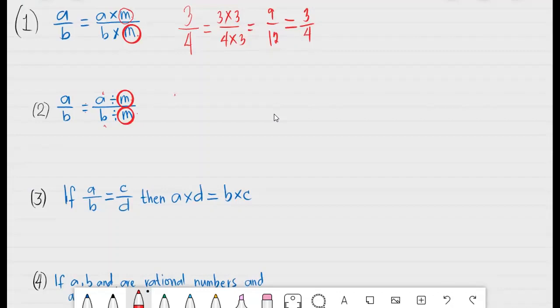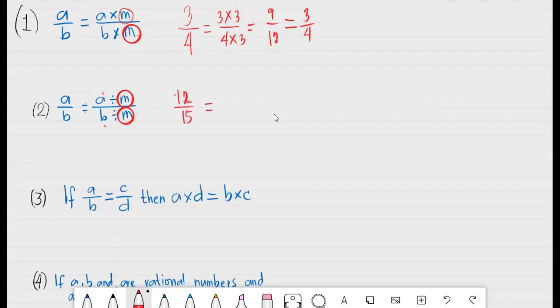Oh no, cannot use 3/4. We can use 3/4, but we need to use something that is at least easier. Okay, let's say 12 over 15.